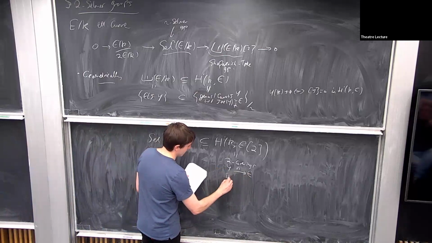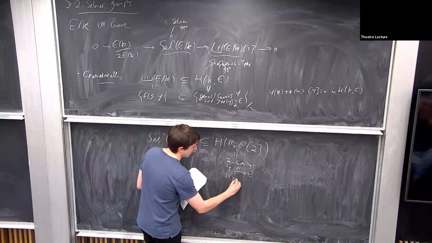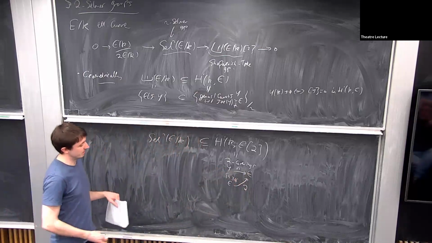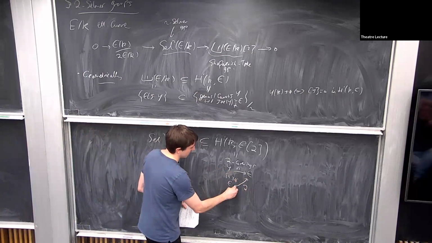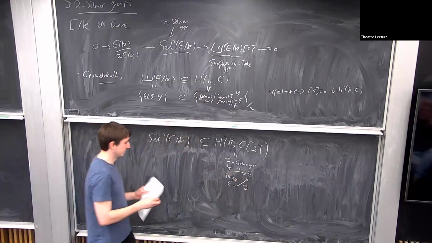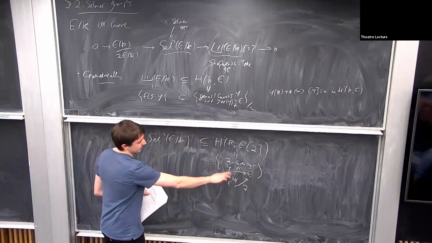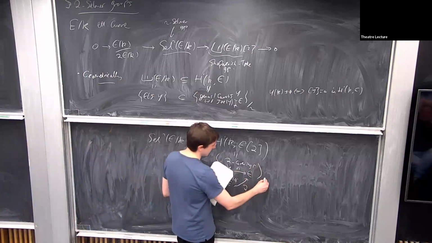So over K-bar there's an isomorphism completing this diagram with the multiplication by 2 map. In the case of this map pi, it is part of the data of the existence of something fitting in this diagram.